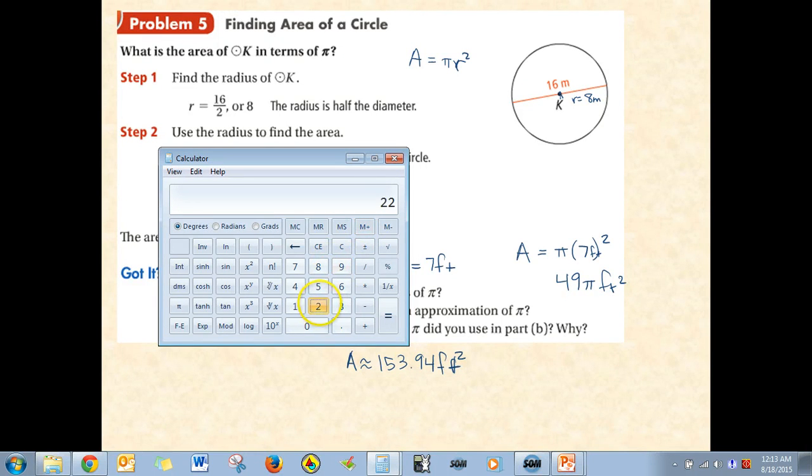What if we used 22 over 7? 3.1428 instead of 3.1415. So the most common one is just 3.14. But if you use the pi button, you get a lot closer to the actual value. Even though it's still an approximation, you're pretty dang close to the actual value.